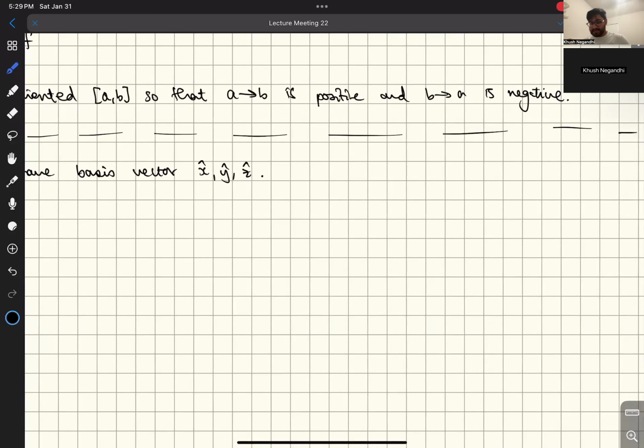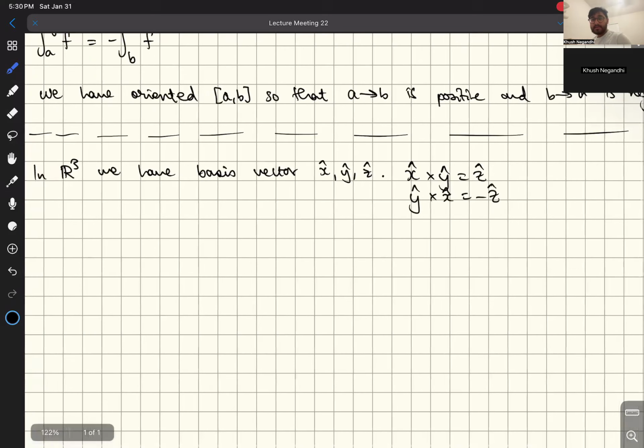Before we even get there, note that the cross product already gives us a way of checking if this is aligned with our orientation or goes against it. If I took x hat cross y hat, I would get z hat. But if I took y hat cross x hat, I would get negative z hat. So this suggests that x, y, z is positively oriented in some sense, and y, x, negative z are also positively oriented.